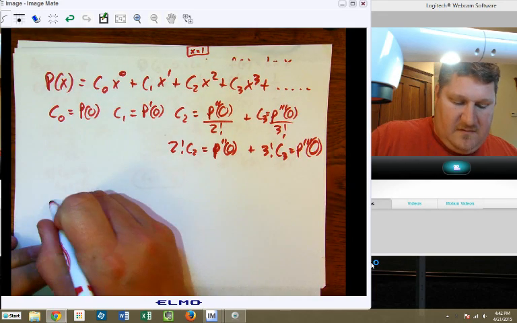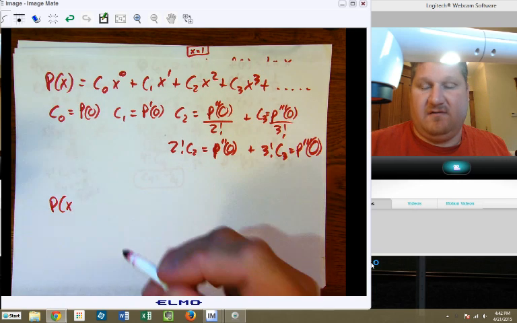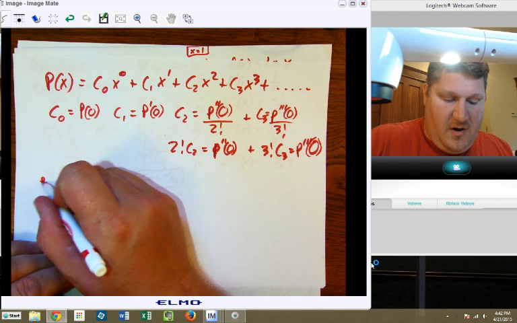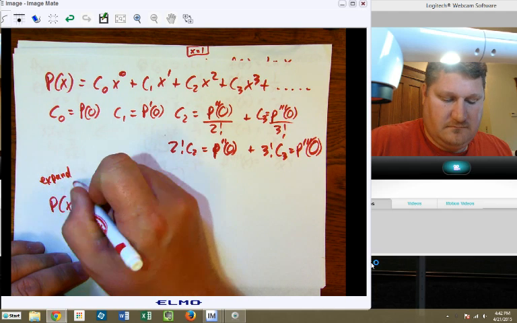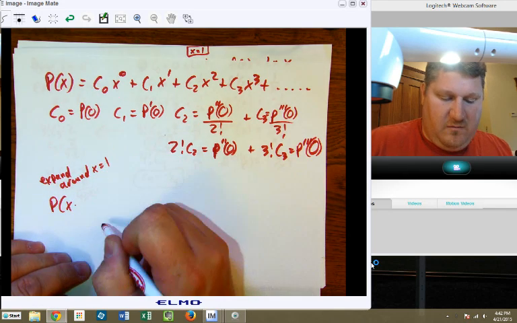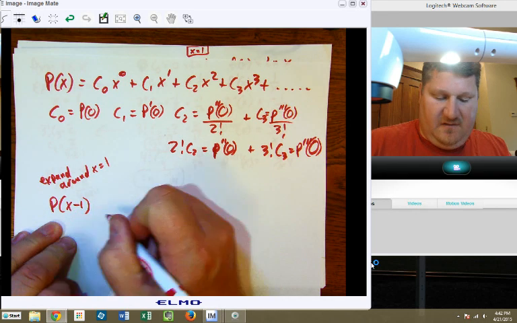If I want a P of x, but I want to expand it around something else, say around x equals 1, I need to solve for 0, so I end up with x minus 1.